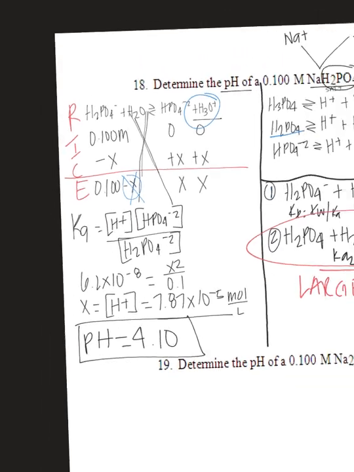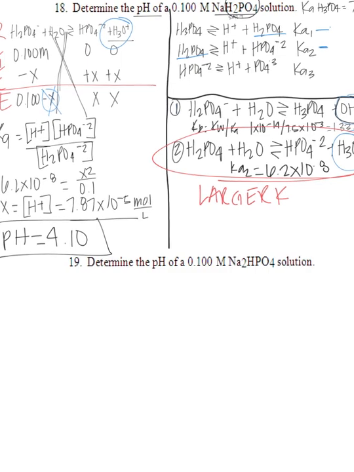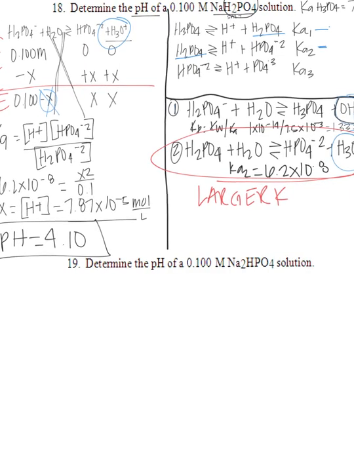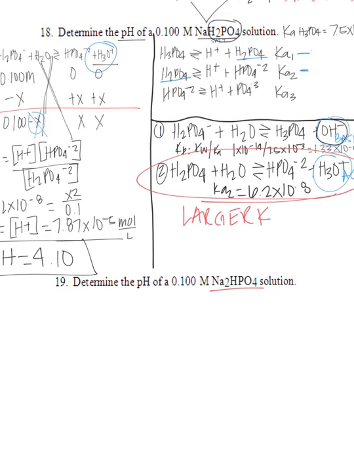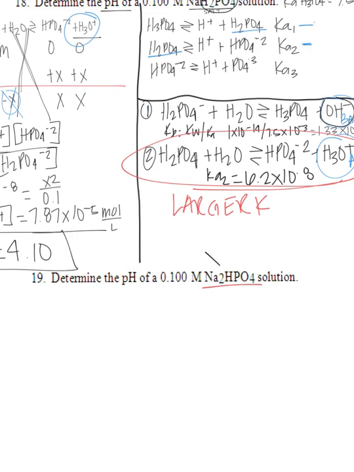All right, next problem says determine the pH of a 0.1 solution of sodium, but now it's with HPO4 instead of H2PO4, sorry. So, completely different one that we're looking at. I'm not going to rewrite all of these dissociation equations, but I'm going to do our typical stuff. So, sodium and HPO4 minus is what it would break down into.